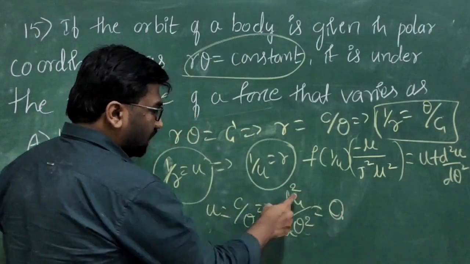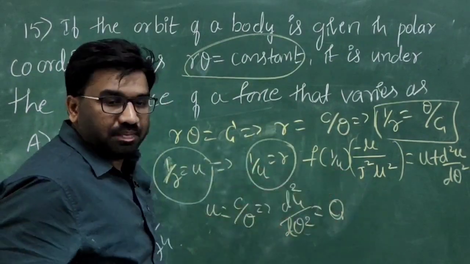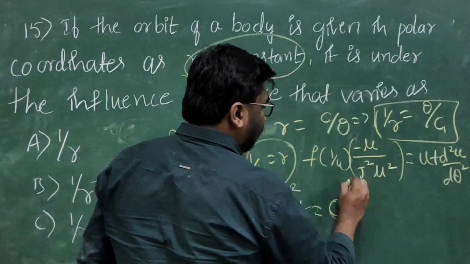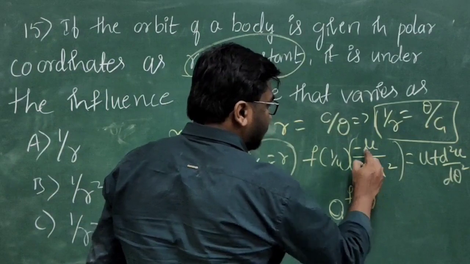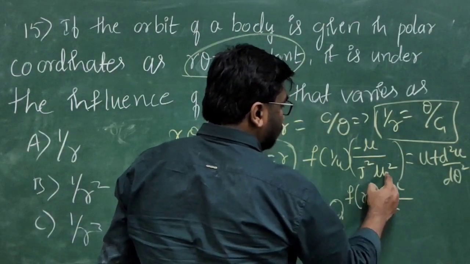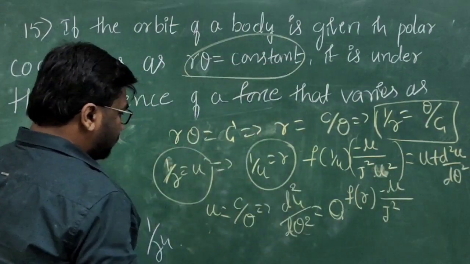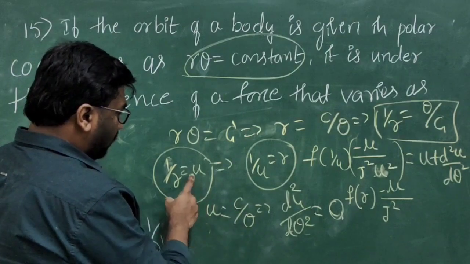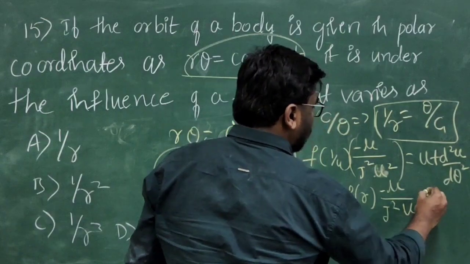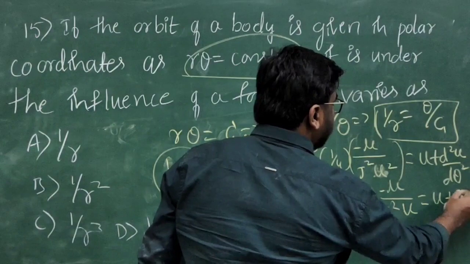So therefore d square u by d theta square is 0, and the equation becomes f of 1 by u, which is nothing but r, into minus mu divided by j square u square, is equal to u plus 0.